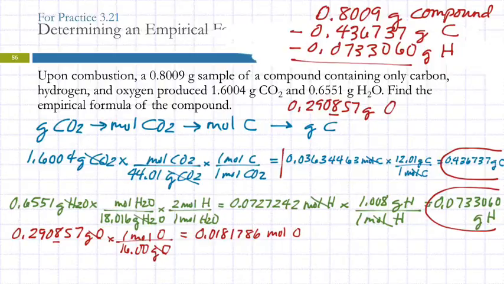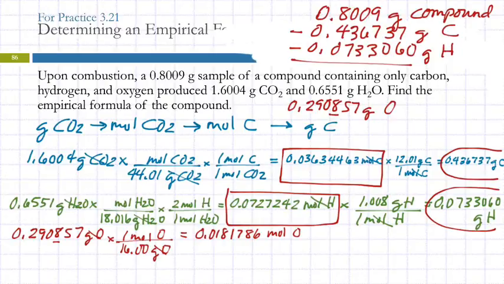So here I have moles of carbon, moles of hydrogen, moles of oxygen. I need to divide each of those by the smallest one. Which one has the smallest number of moles?